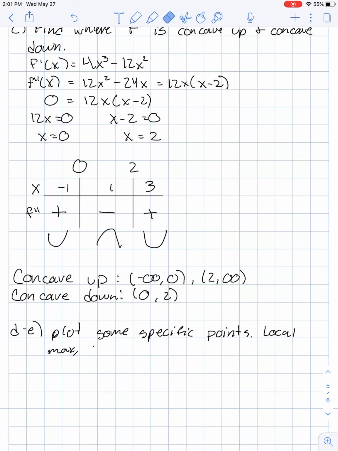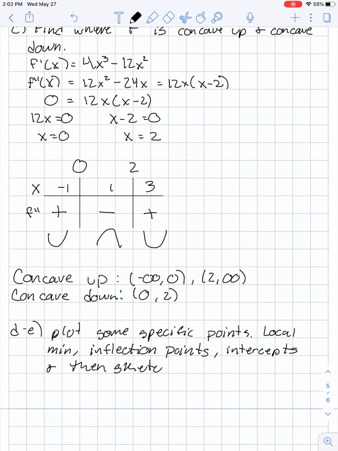Or we don't have one of those, but if there was one. Local min. Inflection points. Intercepts. So like y and x intercepts. And then sketch the graph. Because I know where it's concave up and down. I know where it's increasing and decreasing.